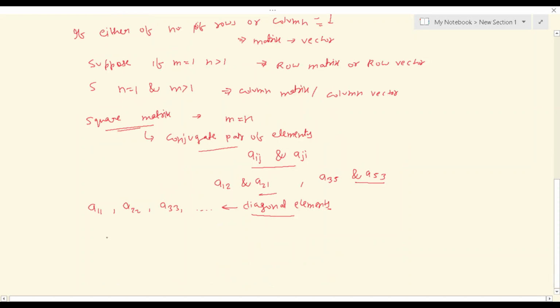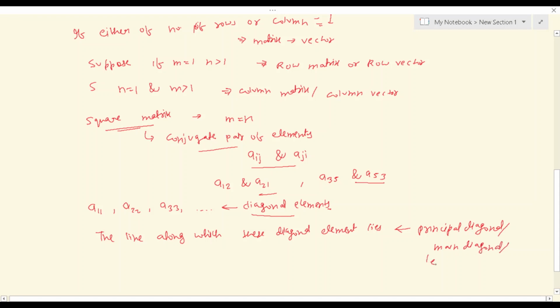And the line along which this diagonal element lies is termed as principal diagonal or main diagonal or leading diagonal.